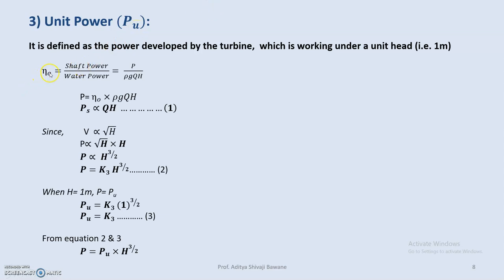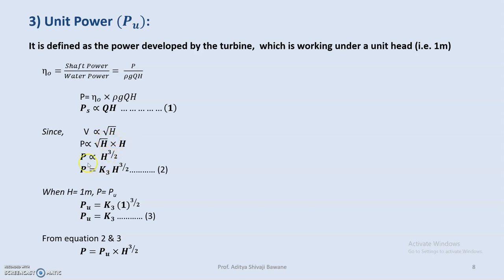We know overall efficiency equal to shaft power by water power, so power is equal to overall efficiency into rho g Q H. Shaft power is directly proportional to Q into H. Since V is directly proportional to under root of H, P is directly proportional to under root of H into H, so power is directly proportional to H raised to 3 by 2, that is 1 by 2 plus 1.